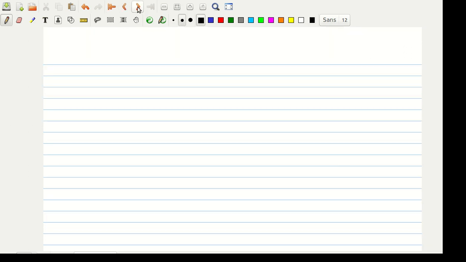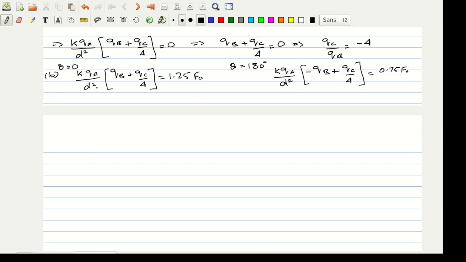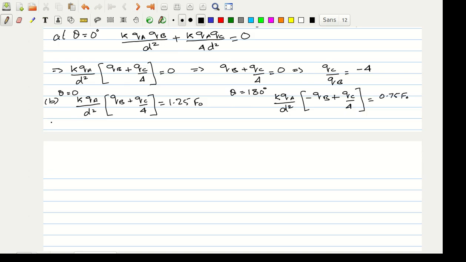So we can divide those two equations, right? We can divide this equation by this equation.